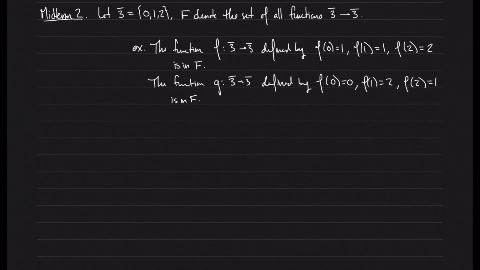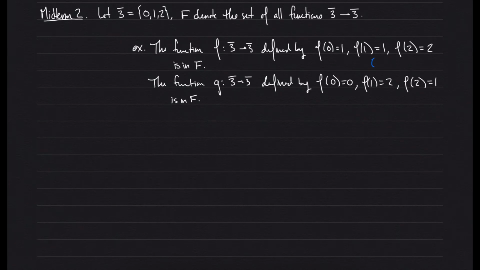There's no standard way, I would say, to notate such a function from a finite set to a finite set. But I think it will be pretty clear, at least for our purposes, to notate a function like this by just saying first where 0 goes.